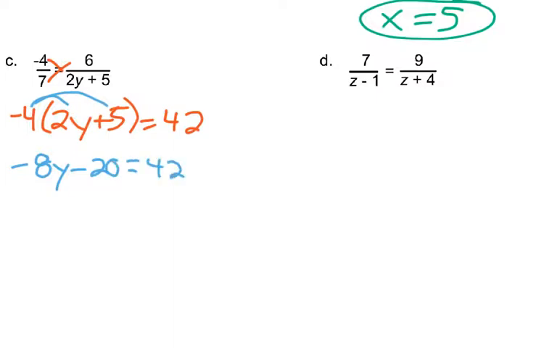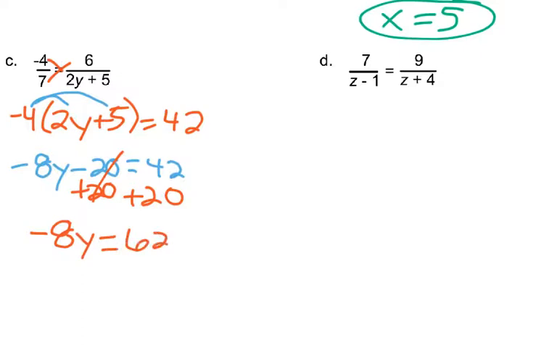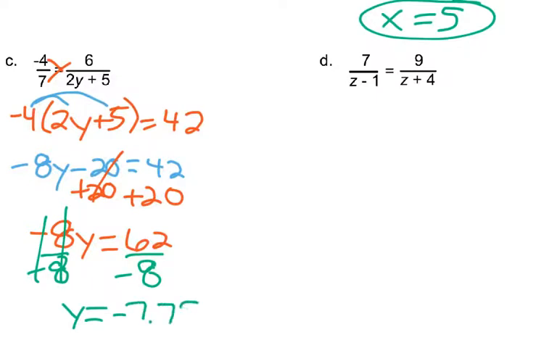So we're going to add the 20 here. So you have negative 8y is equal to 62. Divide by negative 8, because remember, you want to get y by itself fully, which is going to give you a decimal, but that's okay. 62 divided by negative 8 gives us negative 7.75.